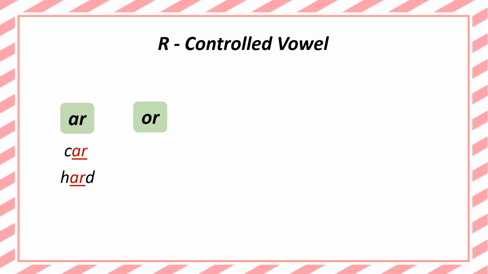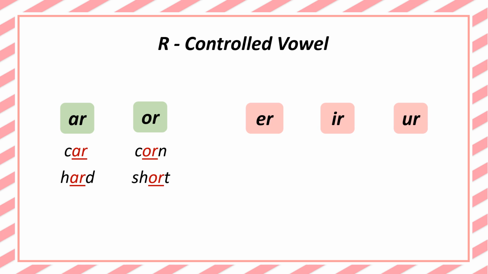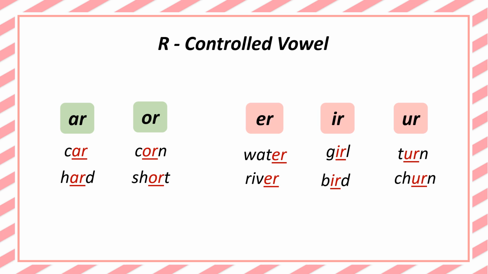OR, it's or, as in corn, short. ER, IR and UR, all these three give the same sound, as in water, river, girl, bird, turn, churn.